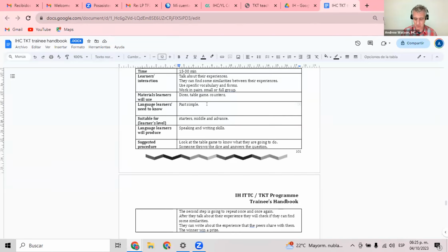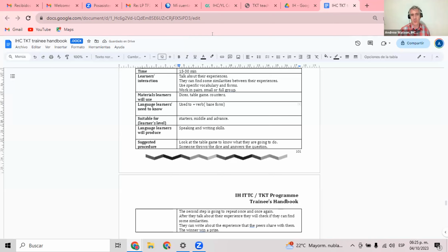So used to works like this: subject plus used to plus verb in the base form. That is the language that they're going to use, the practice.